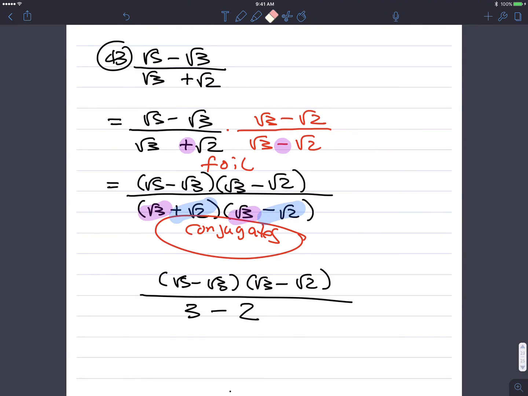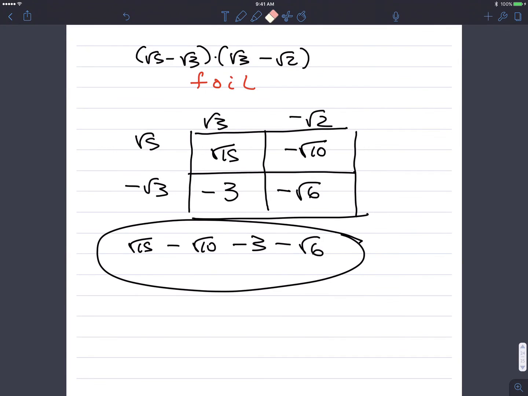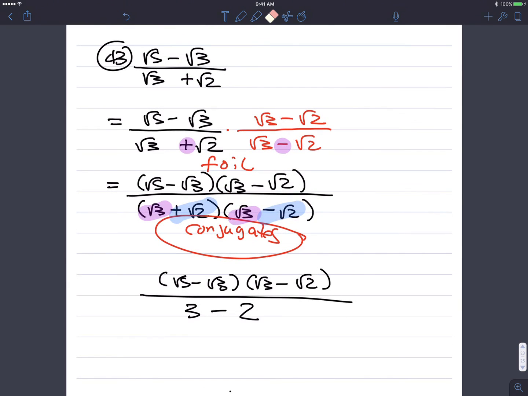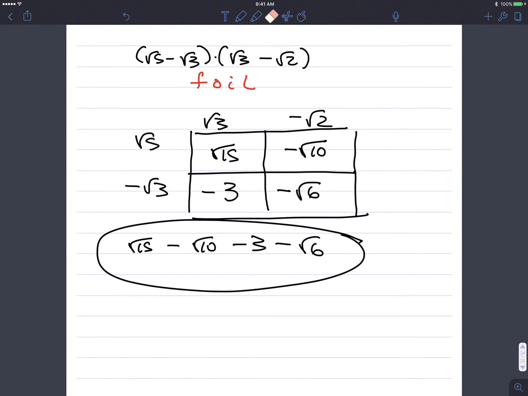Anything divided by 1 is itself, so this is my final answer. I can divide by 1, but that doesn't do anything. It's still what you see: square root of 15 minus the square root of 10 minus 3 minus the square root of 6. You are done. This was number 43. And that's it.